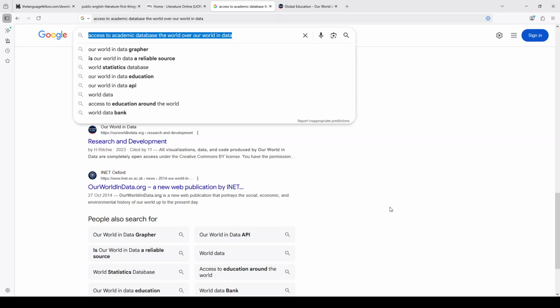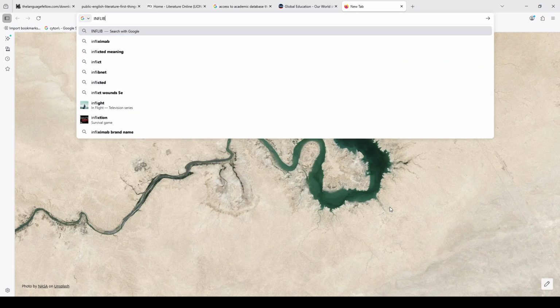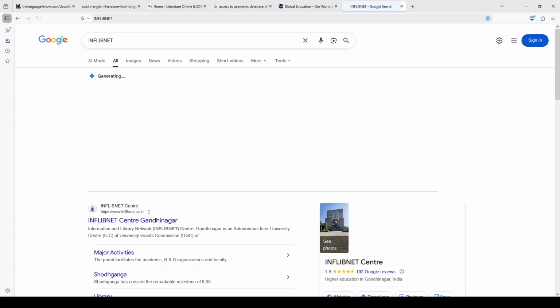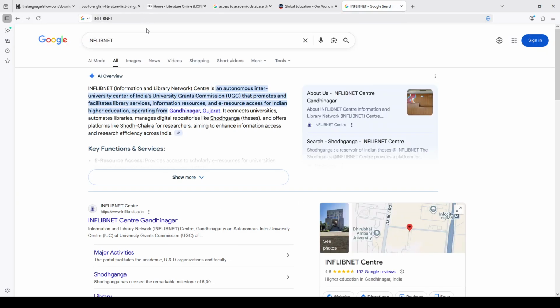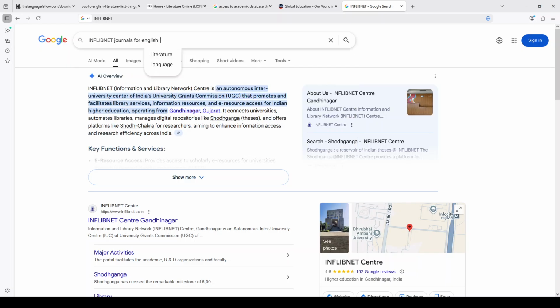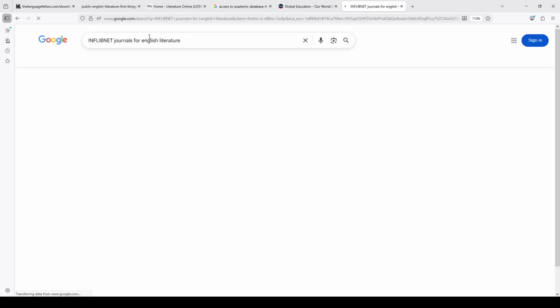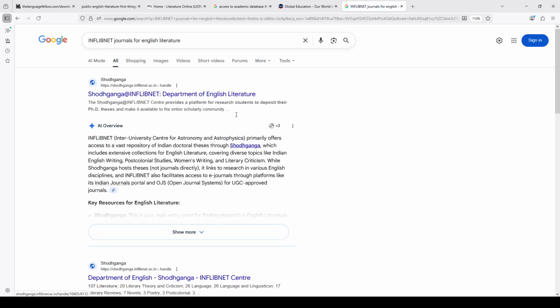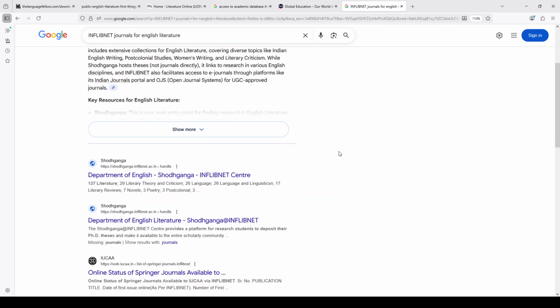The point, however, is you're looking at INFLIBNET, in the Indian context. Shodh Ganga, of course, is one, but the backbone of all of this is INFLIBNET.